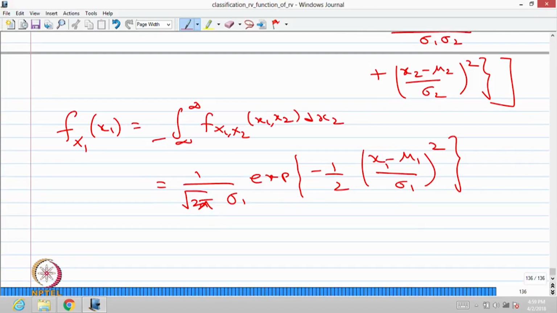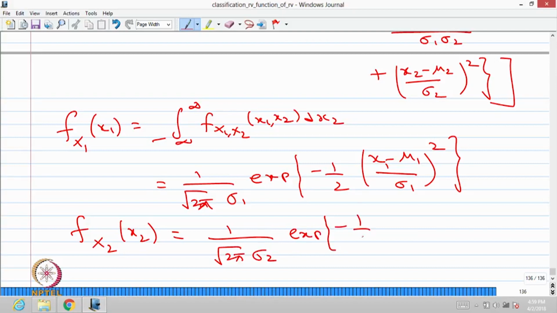Similarly, you can find the marginal distribution of x2 by integration with respect to x1 of the joint probability density function. So, that is going to be 1 divided by square root of 2 pi sigma 2, exponential of minus 1 by 2 times x2 minus mu 2 divided by sigma 2 the whole square.